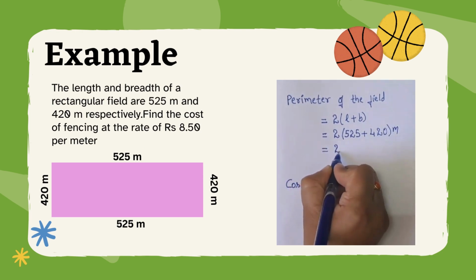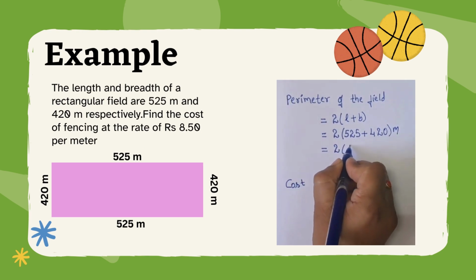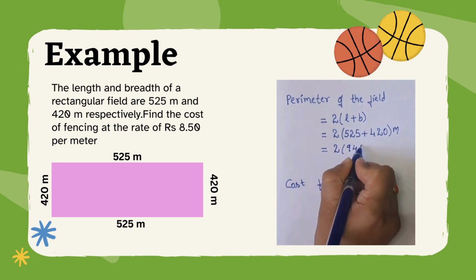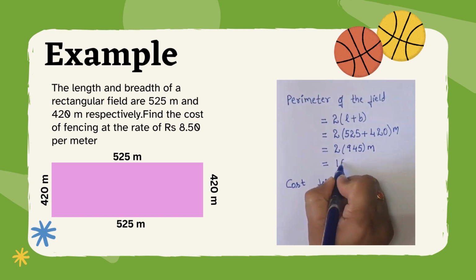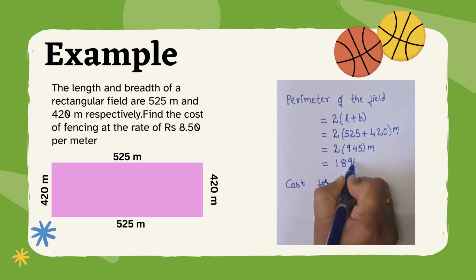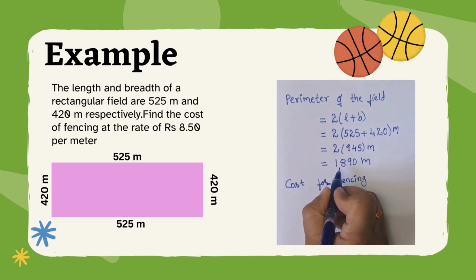When you add 525 and 420, you will get 945. 2 times 945 is 1890 meters. So this is the perimeter of the field.